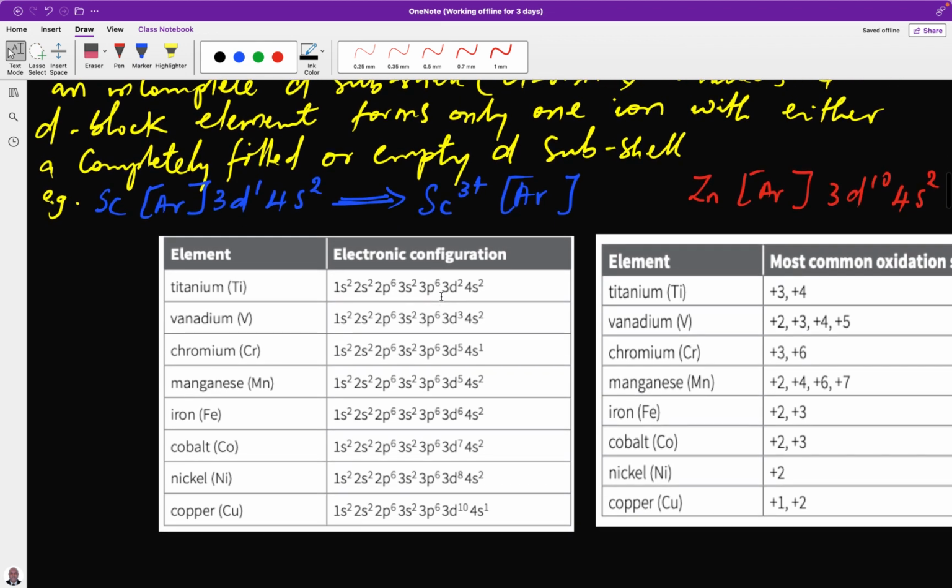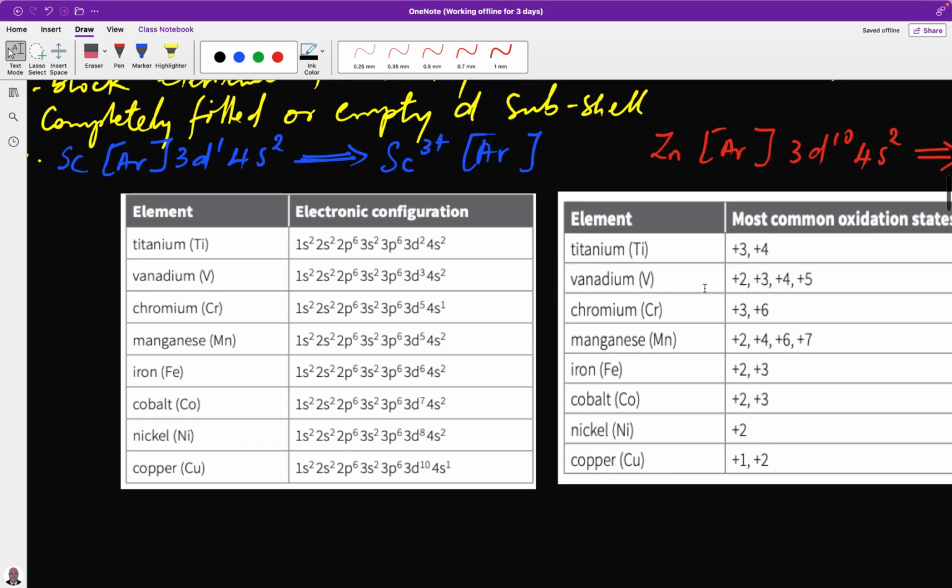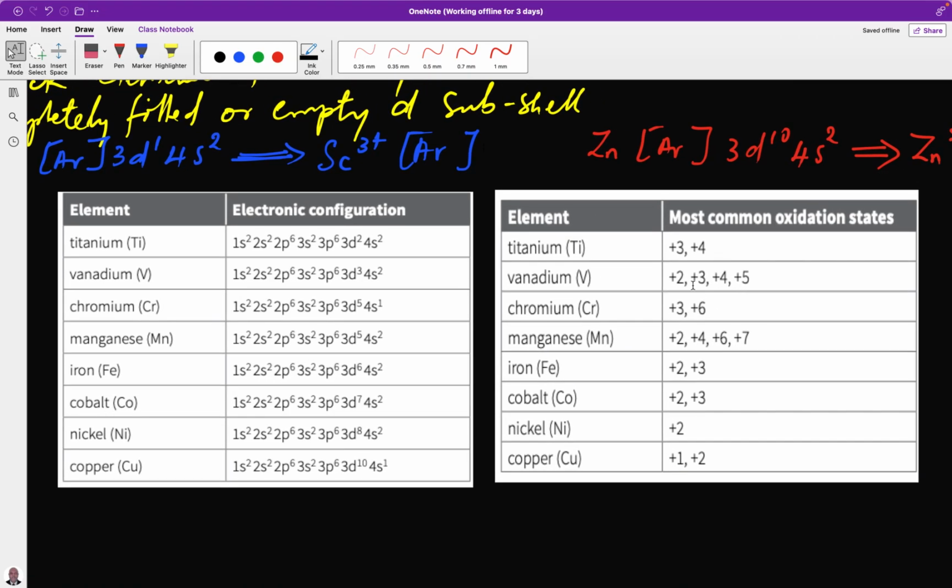For purpose of revision, if you look at all of them, you see they have partially filled d subshell, partially incomplete d subshell. They look at their common oxidation state. All of them have at least one. It's only nickel. The rest, they have more than one oxidation state.